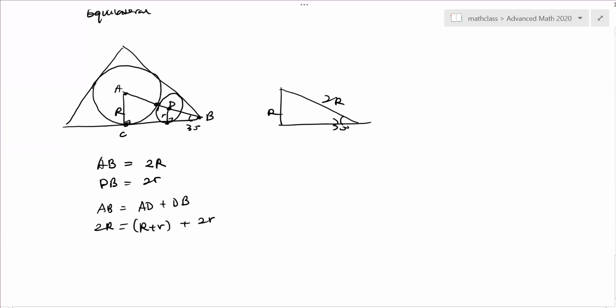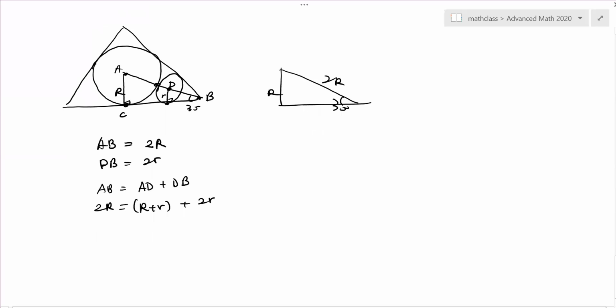So that's the relationship. Now it's clear. You will get R equals 3r. So the ratio is going to be 1/3.